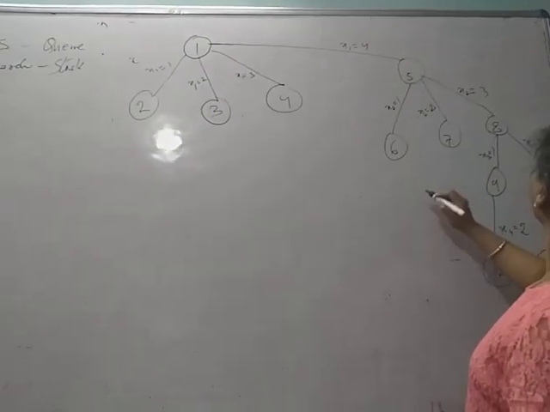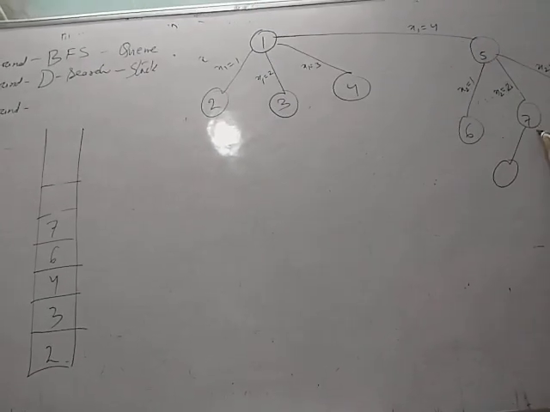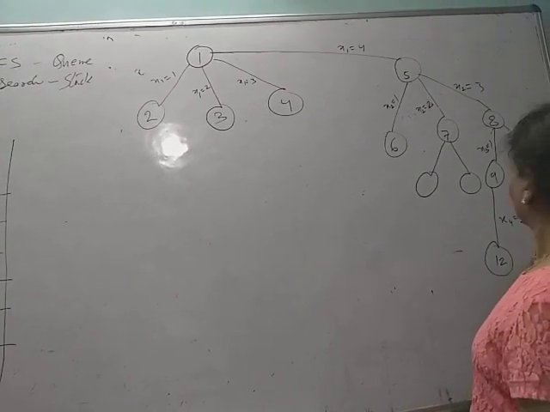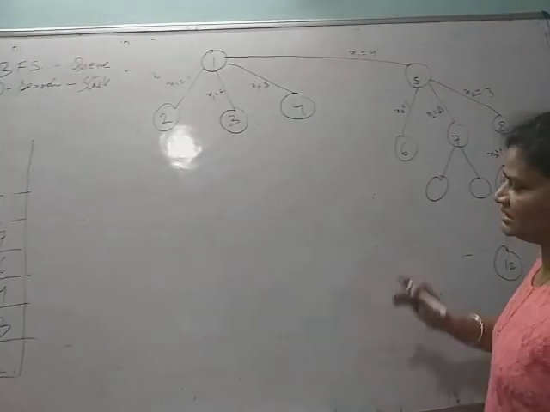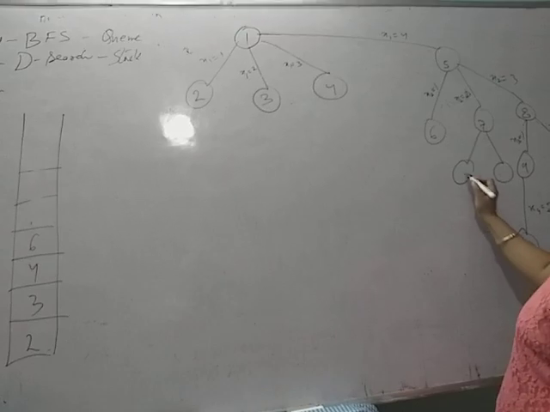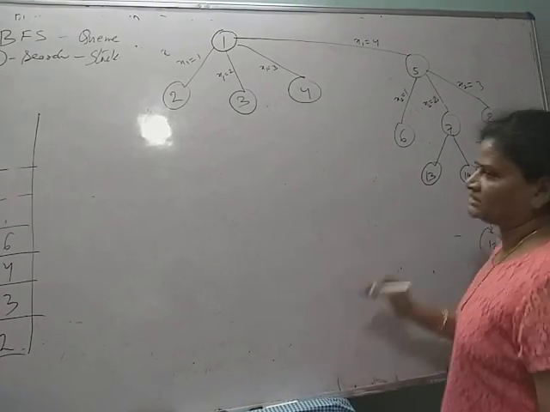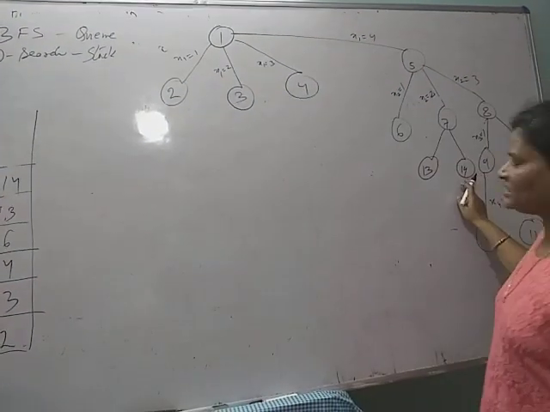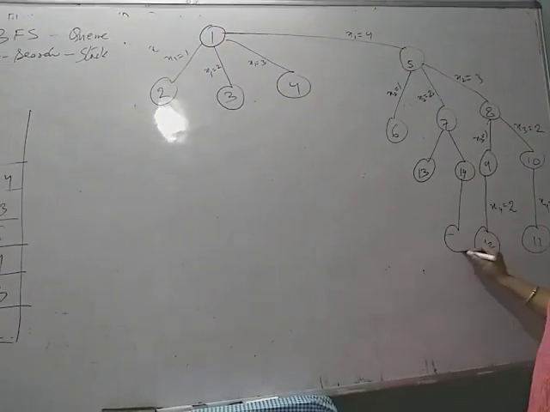And then 7. Again there are 2 possible options for 7. So 7 will become the next E node, giving 13 and 14. 13 and 14 will be pushed onto the stack. Now 14 will become the E node.